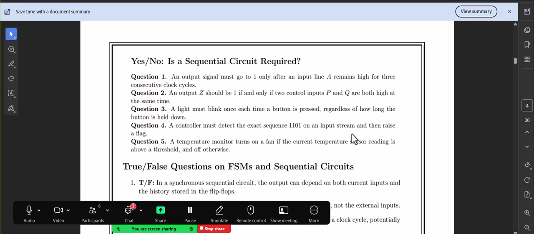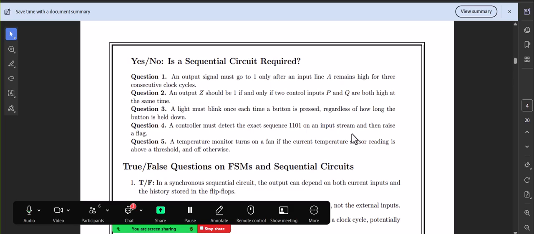A light must blink once each time a button is pressed, regardless of how long the button is held down. So no. Because, well, 5 seconds. I would think that would be a yes.